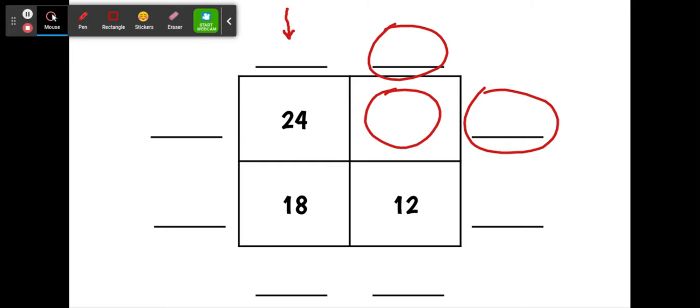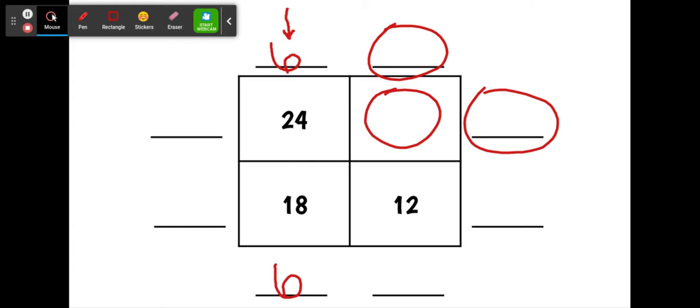So I'm going to start with a common factor of 24 and 18. I know 24 and 18 share a factor of 6. Well, if 6 is a factor of 24, that must also mean that 6 is a factor of 18. Now, if 6 were not a factor of 18, I'd have to choose a factor that I know both of them have in common. But I know that 6 works for both of them. You'll notice I wrote 6 both on the top and on the bottom.